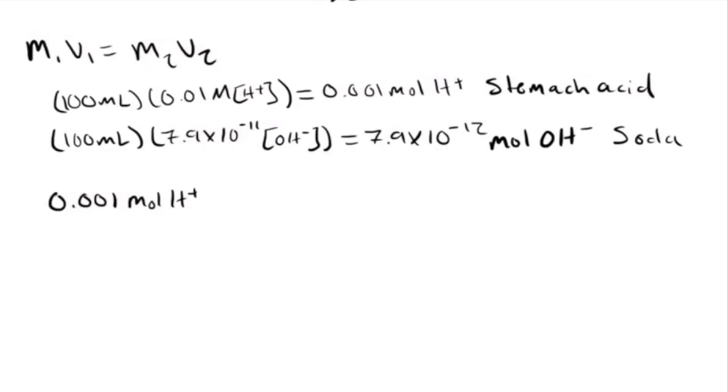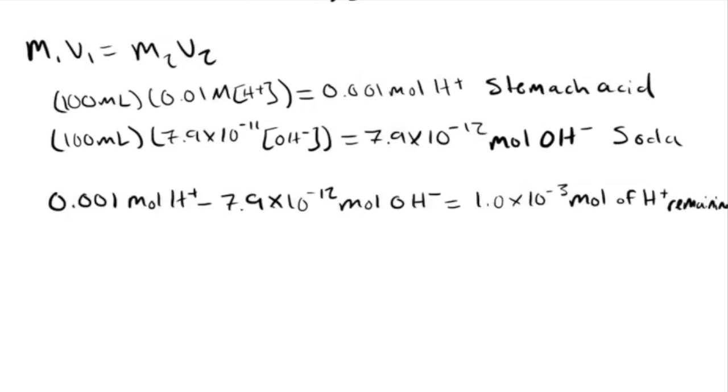So then you take the moles of hydronium minus the moles of hydroxide, which equals 1.0 times 10 to the negative third moles of hydronium remaining.